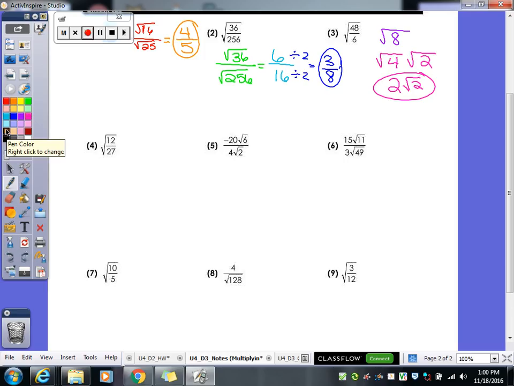All right, 12 and 27. Can I divide those? No. So I'm going to separate them. Now, are either of those perfect squares? No. So, we're going to do what we normally do when they're not perfect squares. Set up your 2 radical signs.